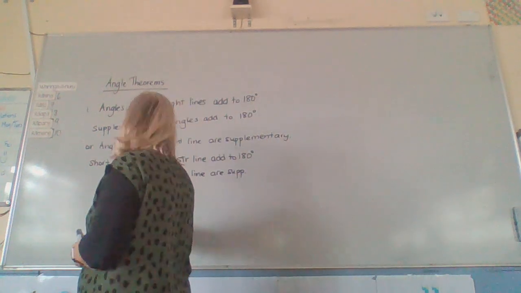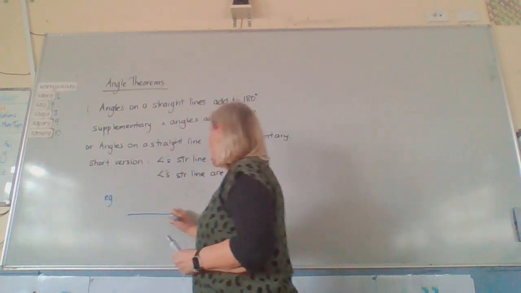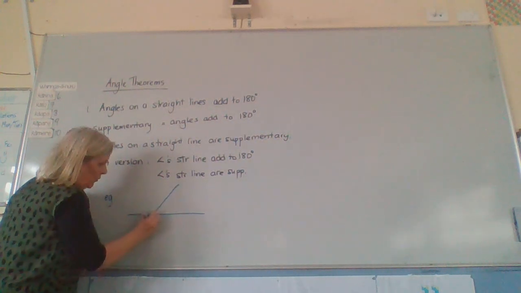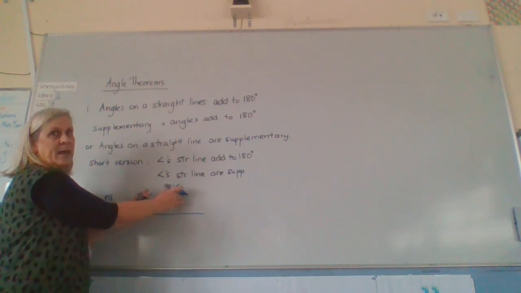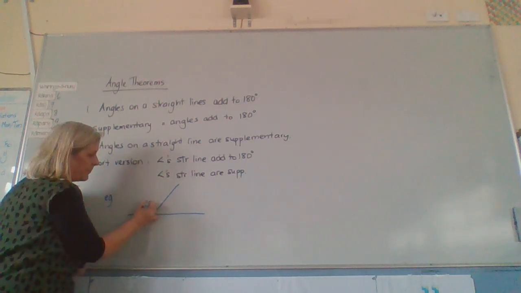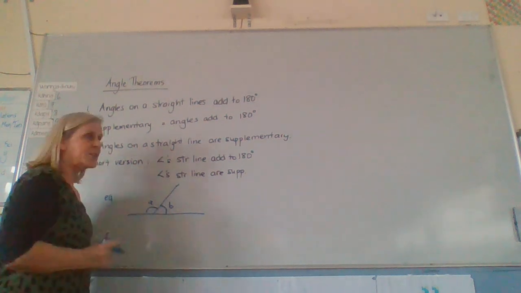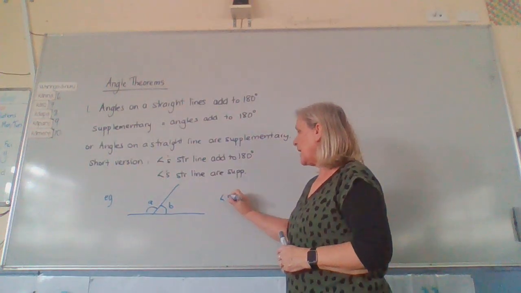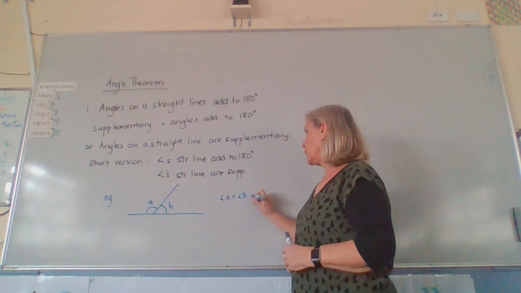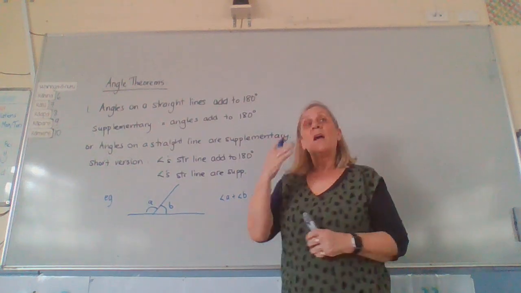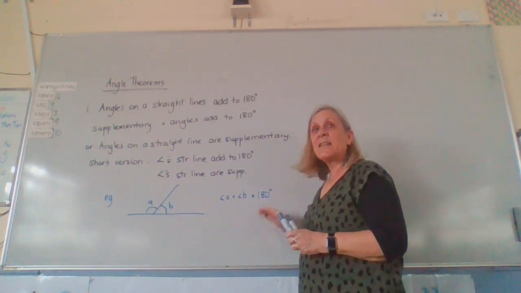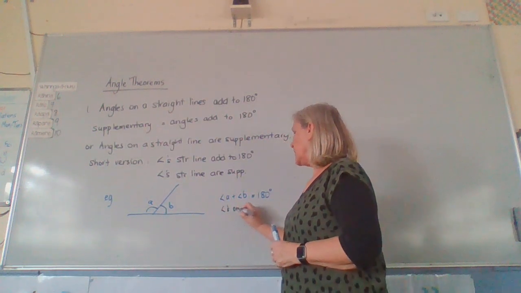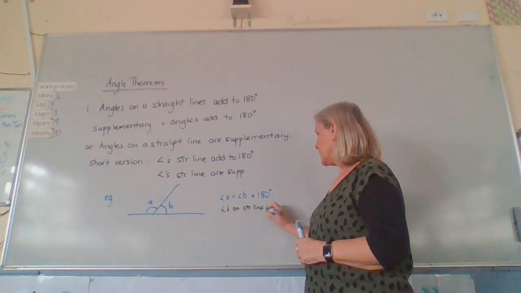So the situation is going to be something like, if we've got this line here, and I can put a line anywhere on it, I've got two angles. This one and this one, so I'm using different notation this time, with the angles being called A or B. So angle A plus angle B equals 180. Now that's the fact, but the reason is angles on a straight line are sup.